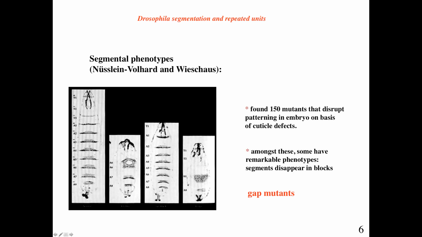And here, the gene contributes to T1 to T4, A4. So huge blocks of segments disappeared. These they termed the gap mutants.